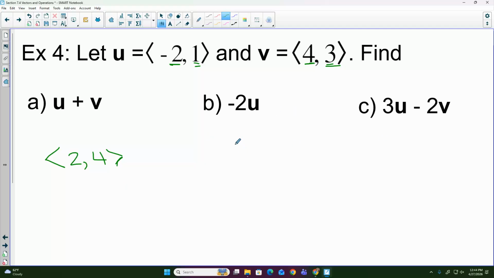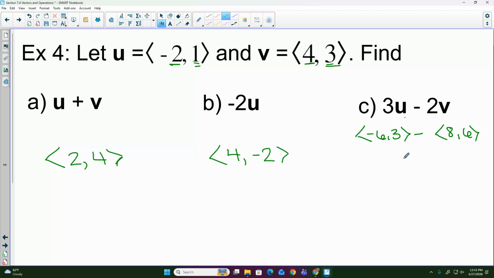-2u, what would you guess that means? So I take vector u, each piece times -2, and we get 4, -2. All right, last one. We have to do pieces. How would I find 3u minus 2v? First vector times 3, which gives me -6, 3. Minus 2v, so the next one times 2 gives 8, 6.